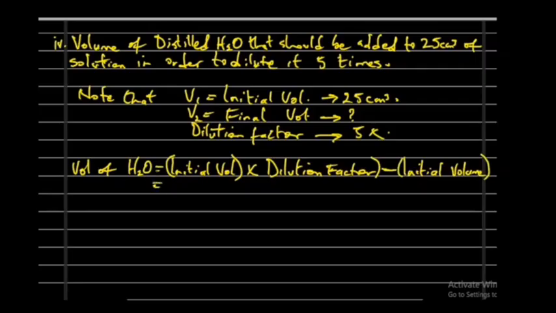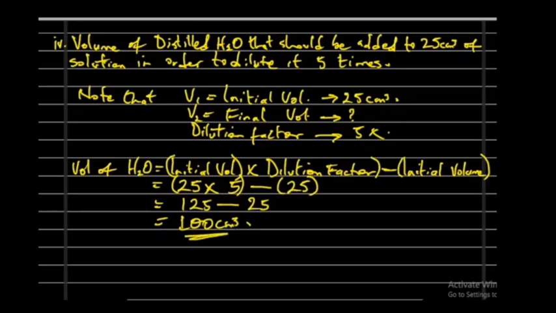We have 25, which is the initial volume, multiplied by the dilution factor, which is 5, then minus 25. So this gives 125, then minus 25, giving us a total of 100. So we have 100 centimeter cube to be used in diluting 25 centimeter cube of the substance 5 times. So that is about question 2.